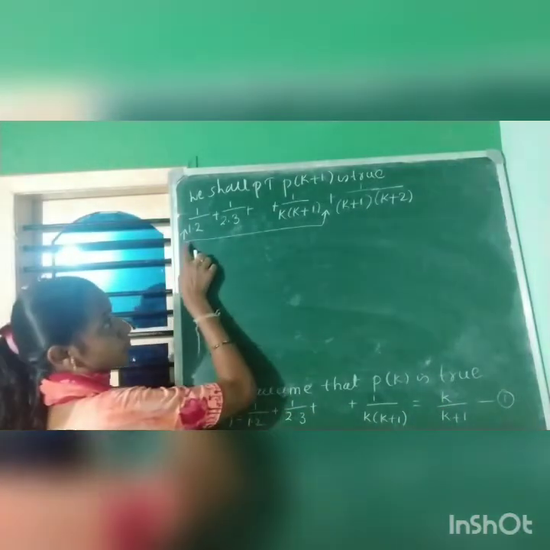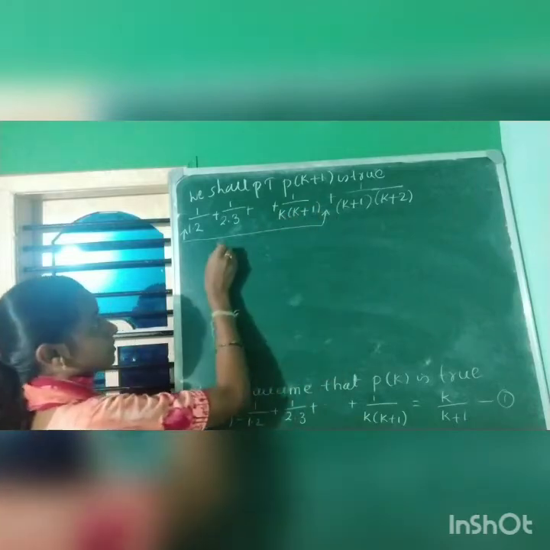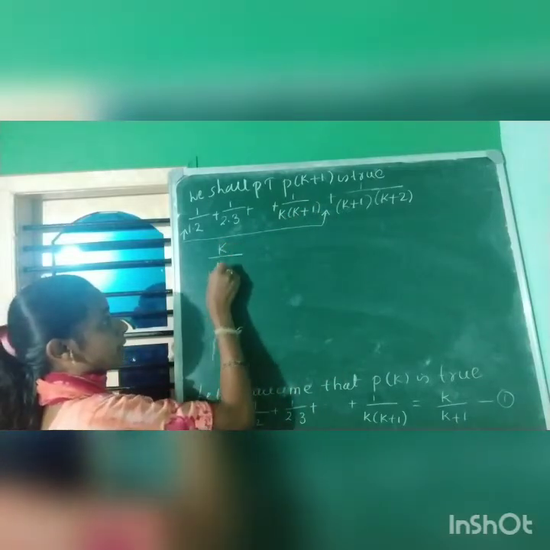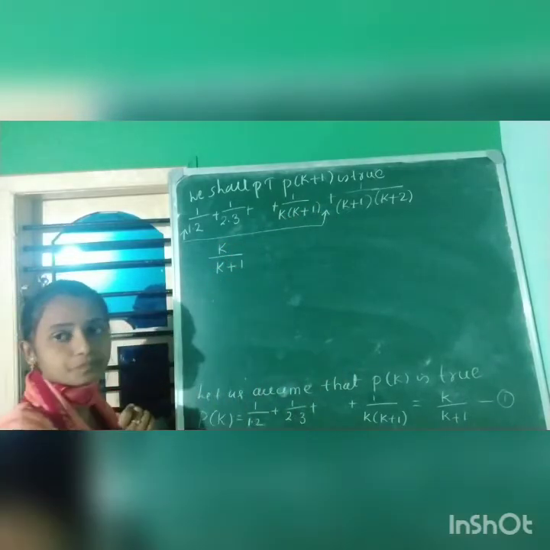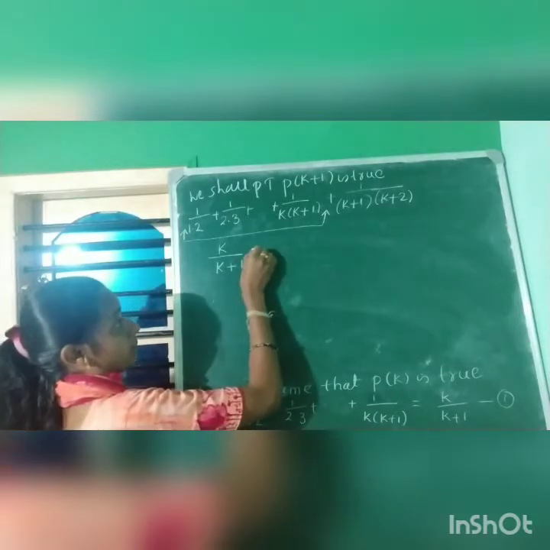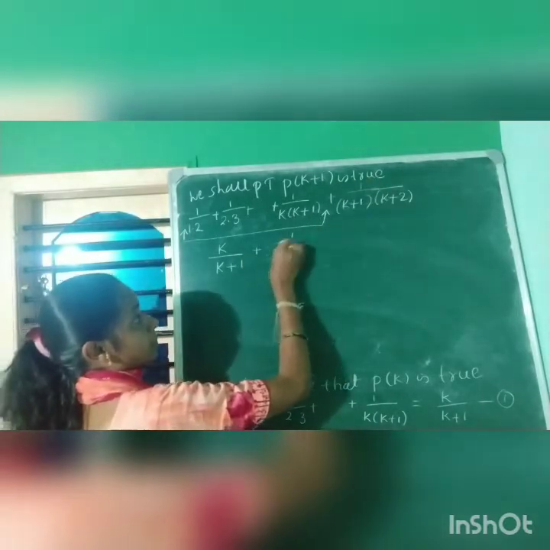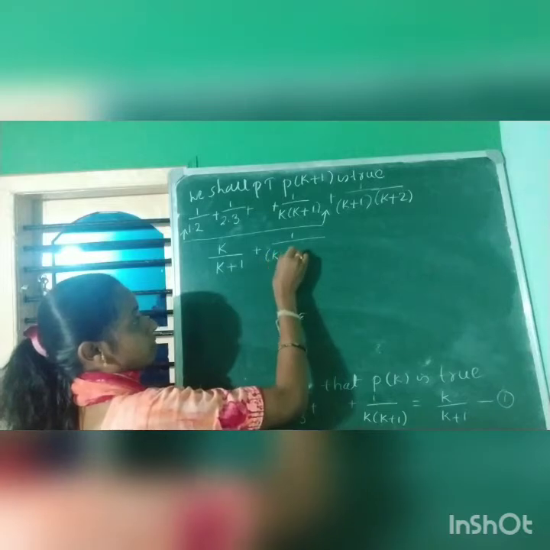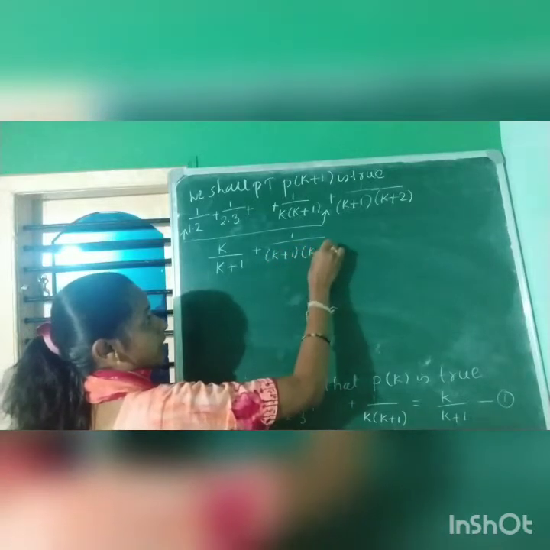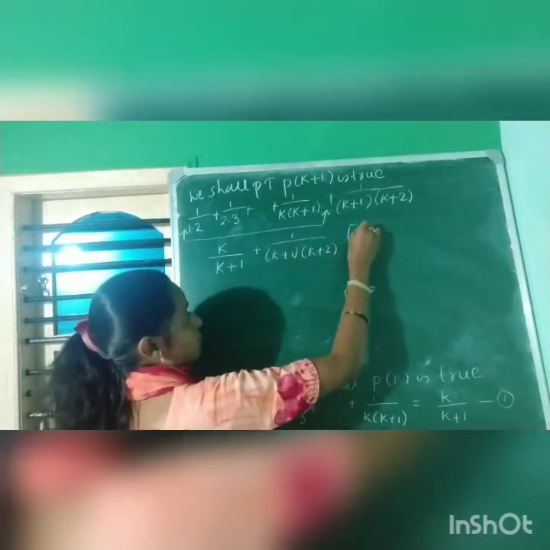Okay. So for all these terms, I just write only k divided by k plus 1. Plus, you just write the next term, that is 1 divided by k plus 1 into k plus 2. This is using equation 1.